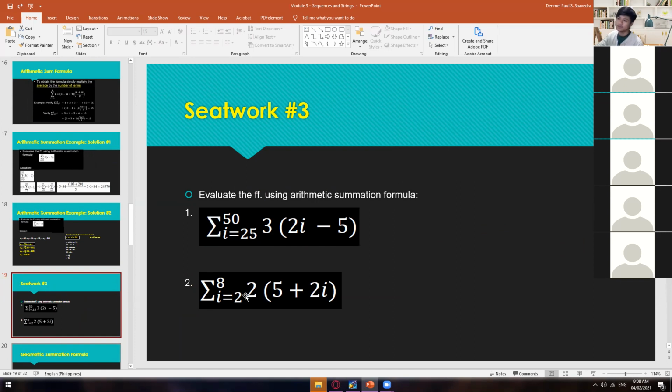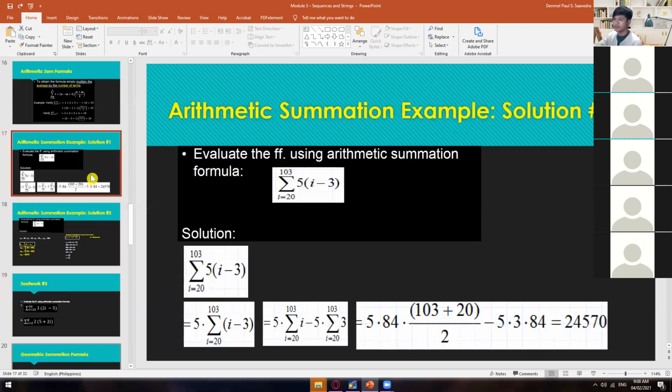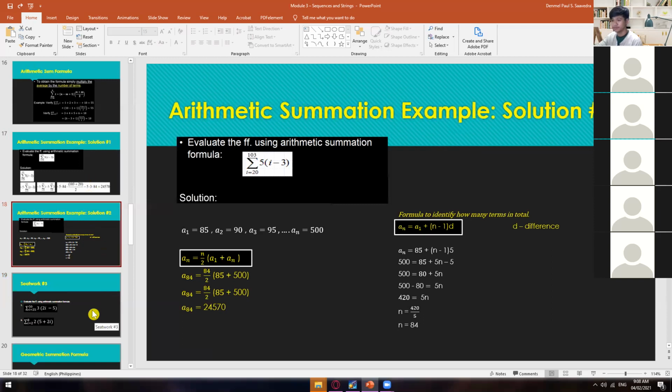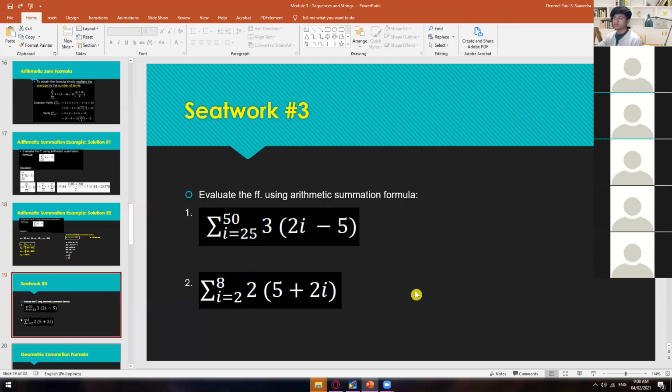And for number 2, starting from 2 to 8, identify the summation if we have this formula: 2 times 5 plus 2i. So you can either use this one or this one. So are we clear so far?